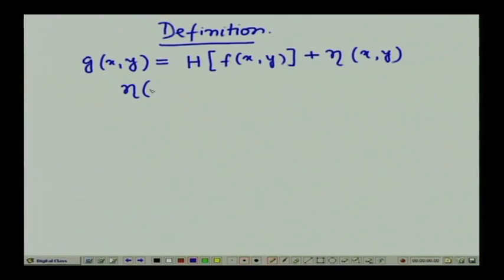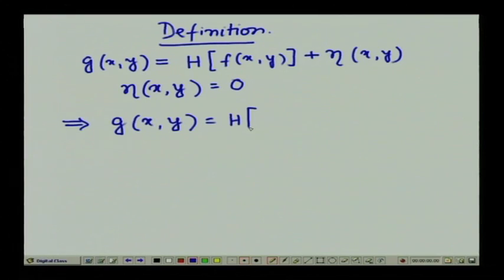Now, if for the time being we neglect the term eta(x,y), or set eta(x,y) equal to 0 for simplicity of our analysis, then what we get is G(x,y) = H of f(x,y).